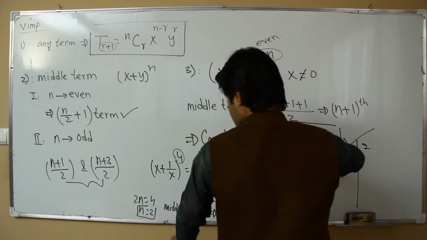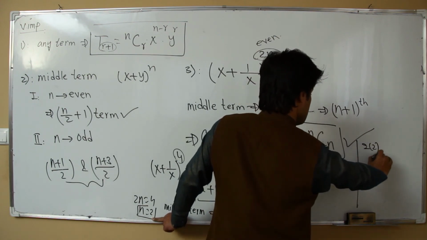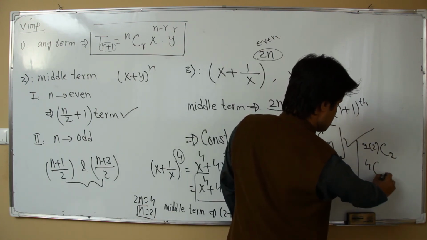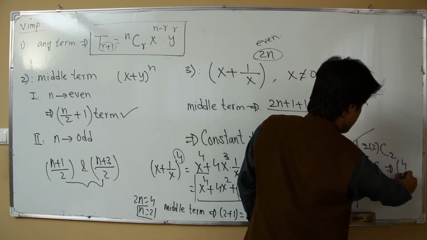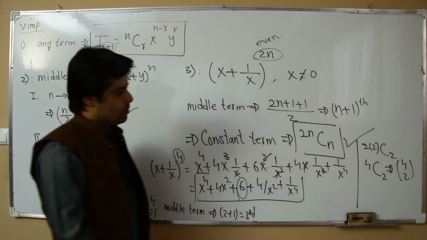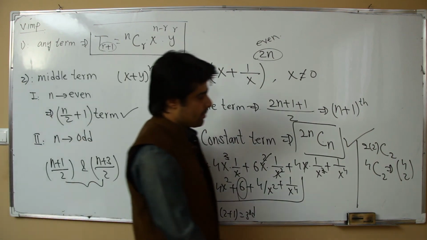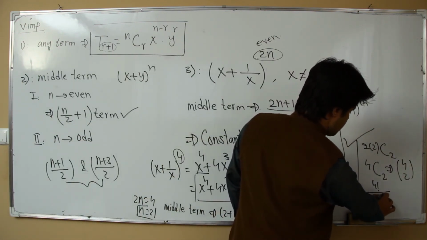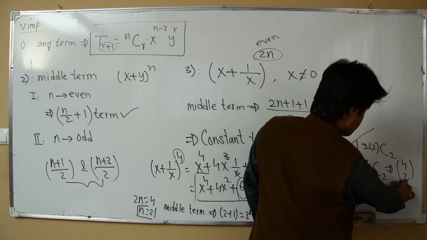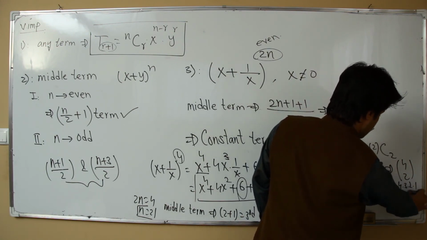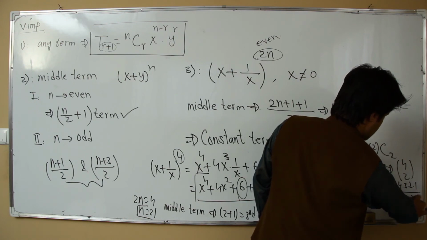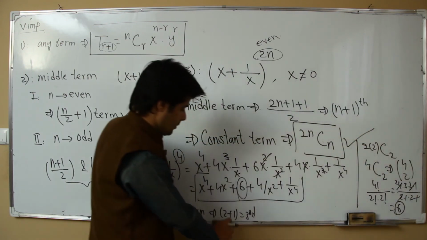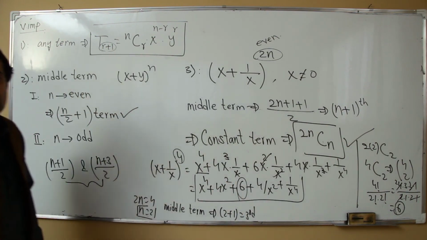Instead of n you use 2: 4C2. Now you can simplify 4C2, which is 4 factorial over (4 minus 2) factorial times 2 factorial. It is 4, 3, 2, 1 over 2, 1, 2, 1. Cancel. 2 times 3, it's 6. This one is 6. I think you have got it.